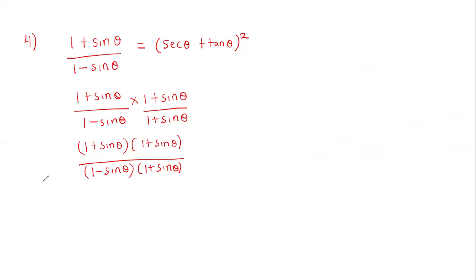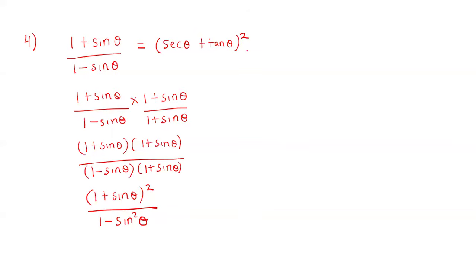And I also want to let you know that you can reach a time when you are rationalizing the numerator, depending on the question. So here, members, you agree with me that when I multiply what I have up, I end up with 1 plus sine theta, but since they are the same, that will be squared. Then down, we have agreed that we get 1 minus sine squared theta.